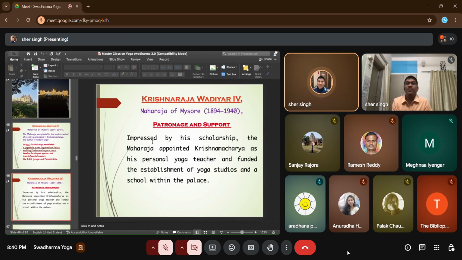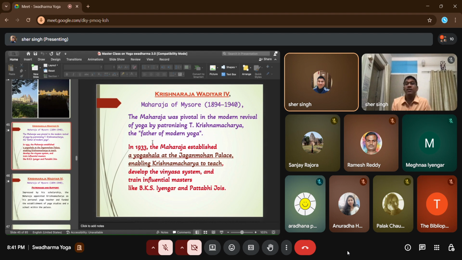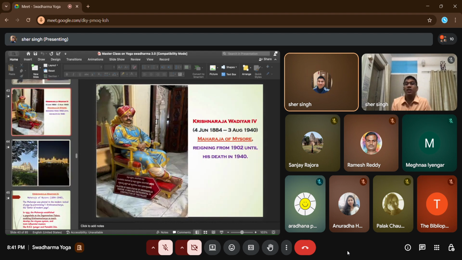Impressed by his scholarship, the Maharaja appointed Krishnamacharya as his personal yoga teacher and funded a yoga studio and a school within the palace, when he was king, until 1940.